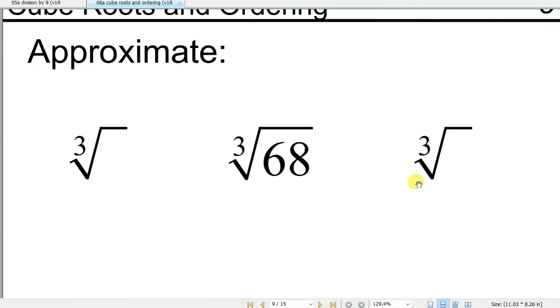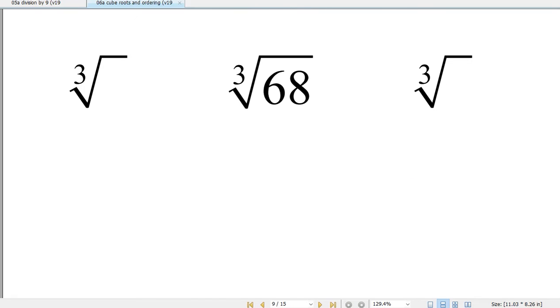And we can approximate cube roots in the same way that we approximated square roots. We just have to use the cube root neighborhood. So let's approximate the cube root of 68.